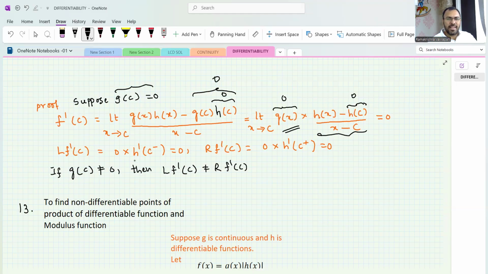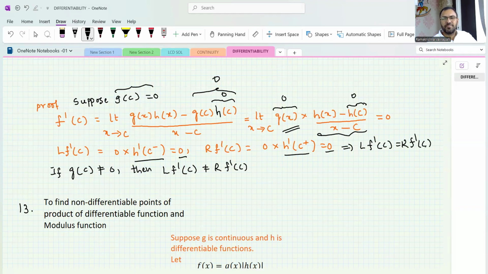So 0 into left hand derivative equals 0, and 0 into right hand derivative equals 0, where h dash of c minus and h dash of c plus are both finite. Remember this point. Therefore, LF dash of c equal to RF dash of c. Hence, f is differentiable at x equal to c.